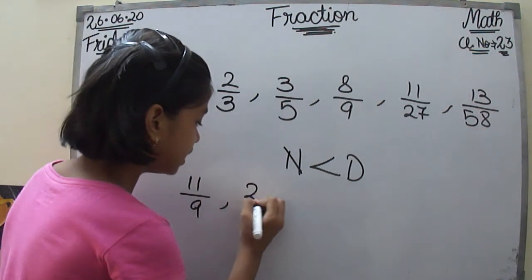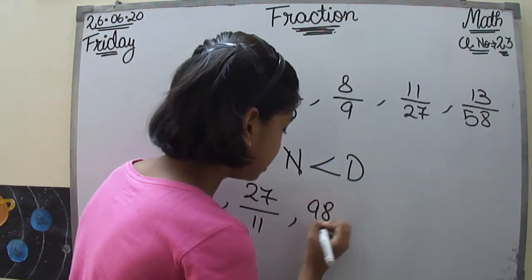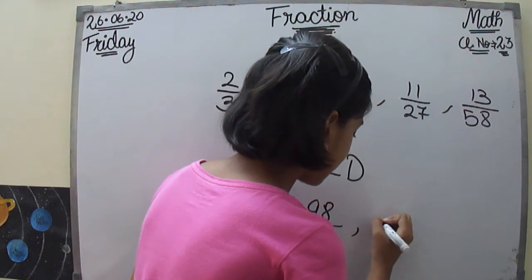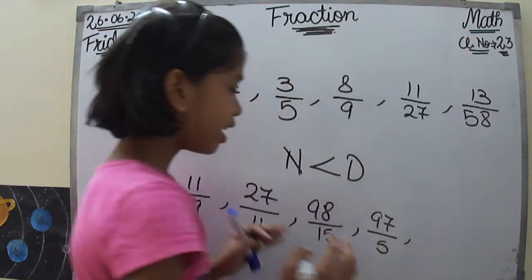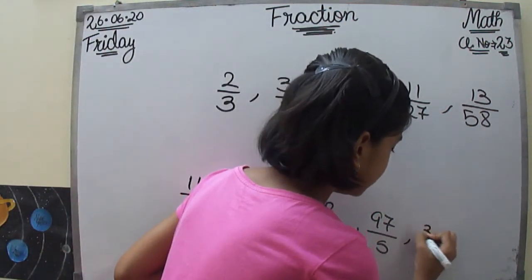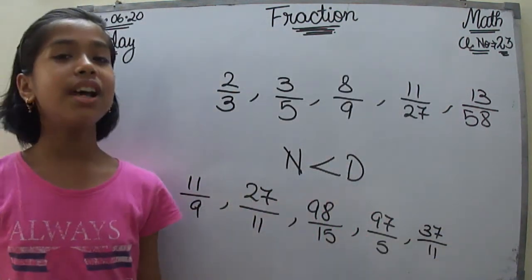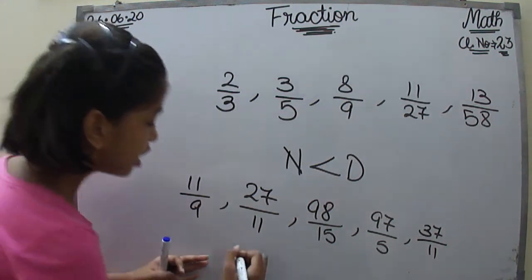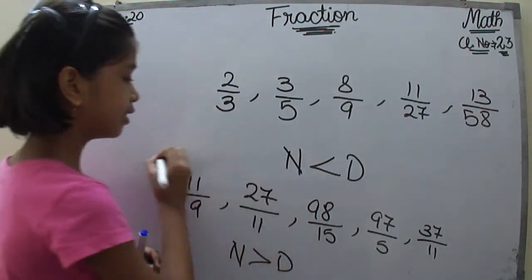Then we can have 27 upon 11, 98 upon 15, 97 upon 5, and one more, 37 upon 11. These are all improper fractions, because the numerator is bigger than the denominator.